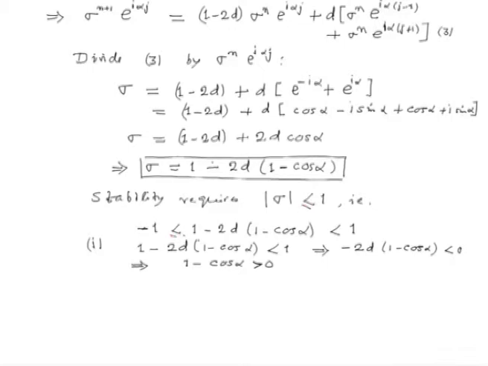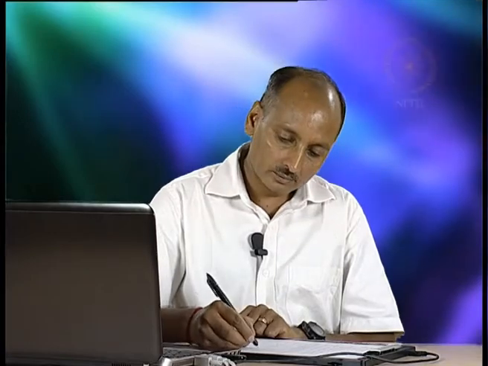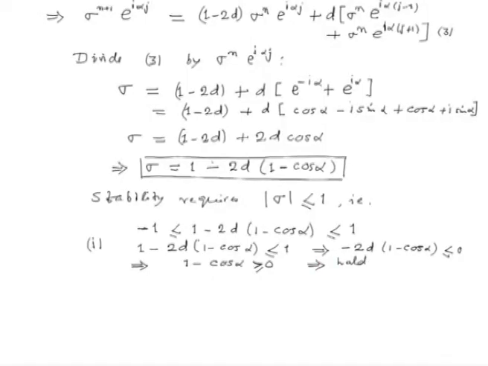Now, remember cos alpha is always less than 1 in magnitude, so this inequality holds for any alpha. So, this did not give us any requirement. Now, let us have a look at the second half of the inequality.